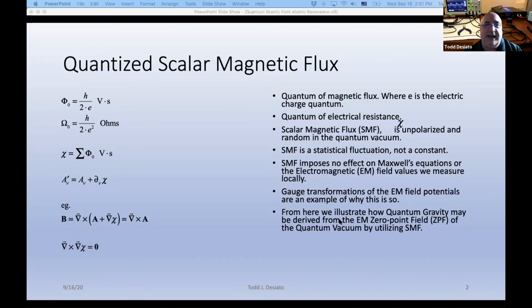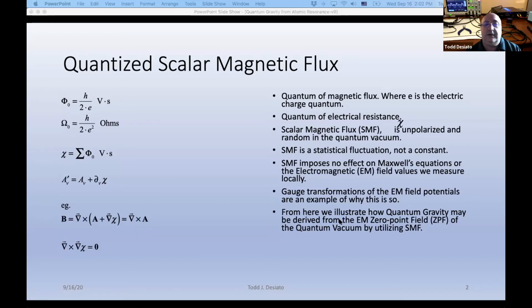So Lance did his presentation yesterday where he was referring to a scalar field. And Nathan did her presentation this morning referring to the Meissner effect and gauge potentials, electromagnetic gauge potentials.